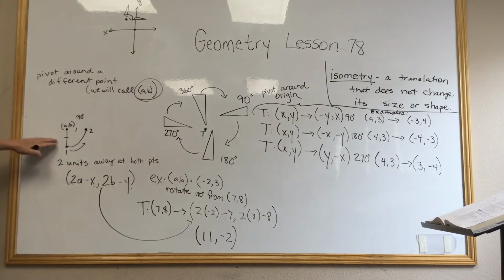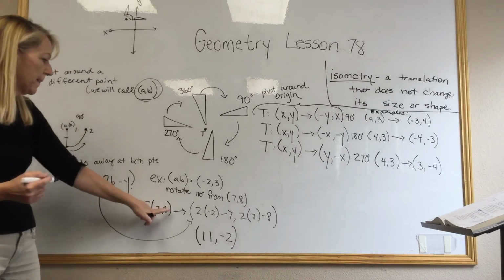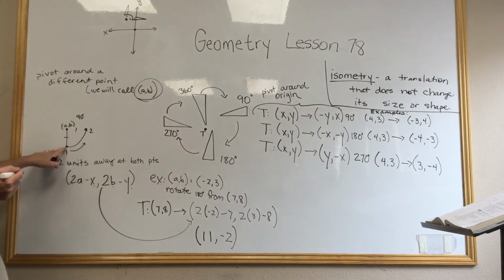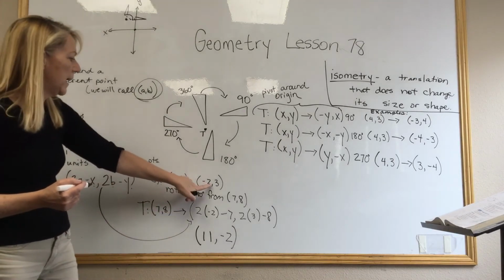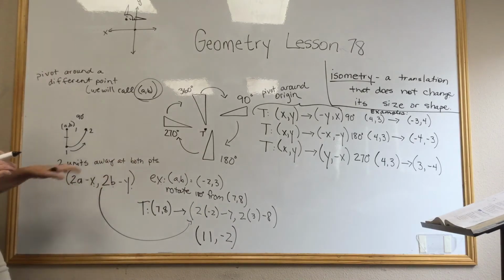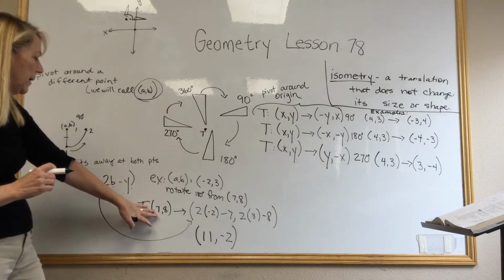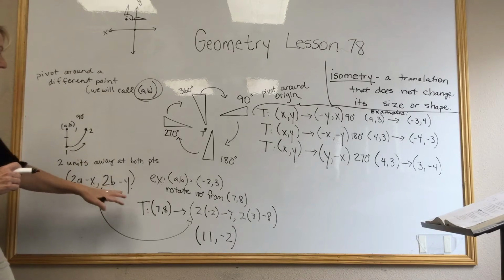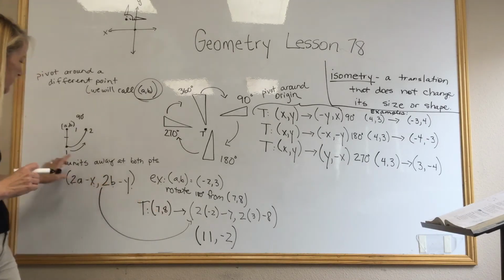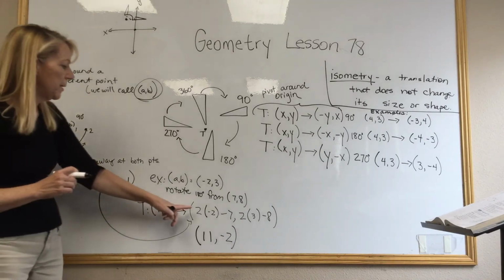Let's use that as an example. Here is my A, B, where I'm pivoting around, and I'm going to pivot over to here. Let's say my A, B is negative 2, 3, and the point where I'm starting is 7, 8.